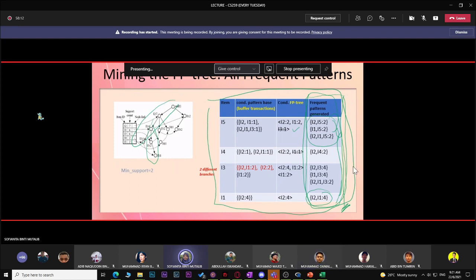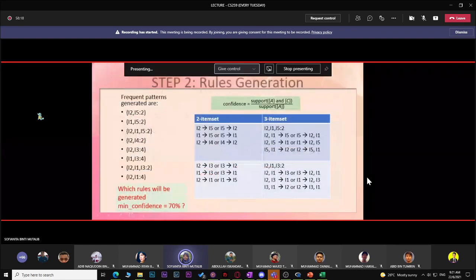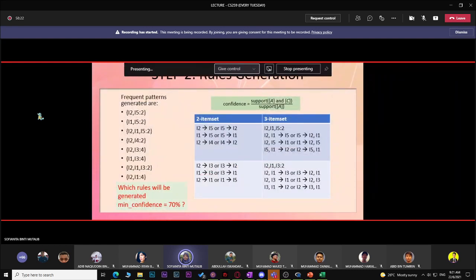So next process will be generating the rules, and the rules will be from the frequent patterns. Okay. For example, these are the item sets: I2 and I5, and then I1 and I5, and so forth. So which rules will be generated? It should comply to minimum 70%.